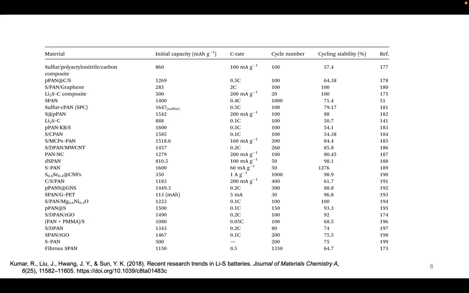And that's what has plagued some of the lithium sulfur work, is that you see these fantastically high initial capacities and maybe even cycling rates, but then you realize the amount of sulfur content is less than 50%.